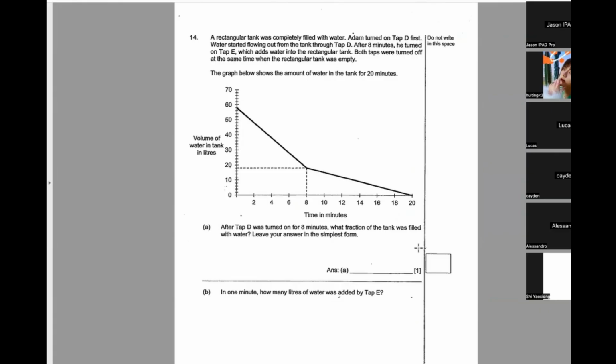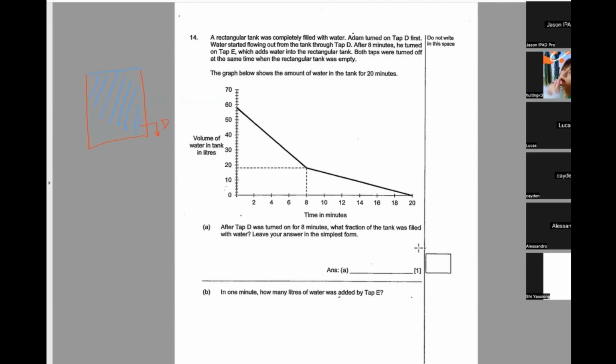So this is a tank, and there's a tap D. Completely filled with water. Water started flowing out from the tank through tap D. After 8 minutes, he turned on tap E, which adds water.